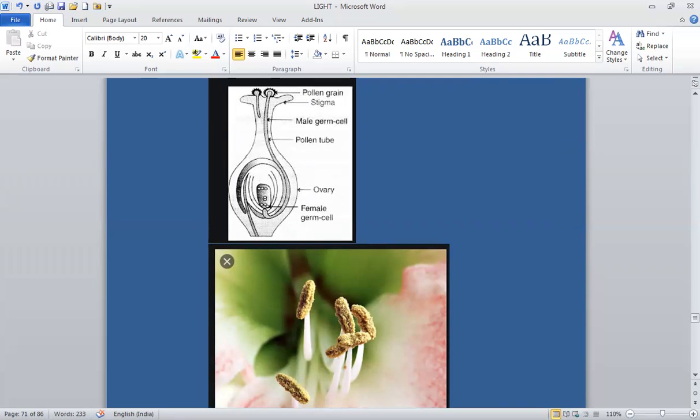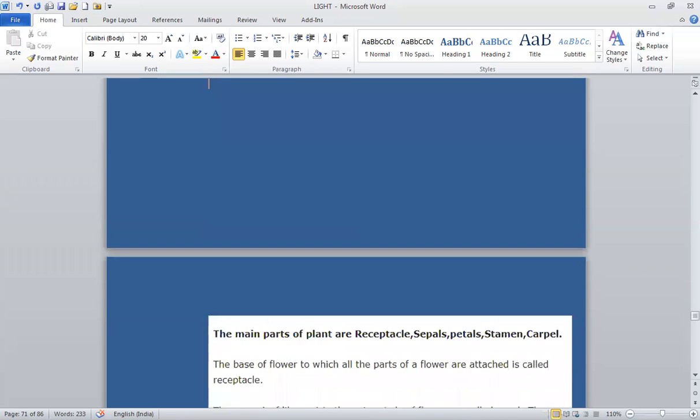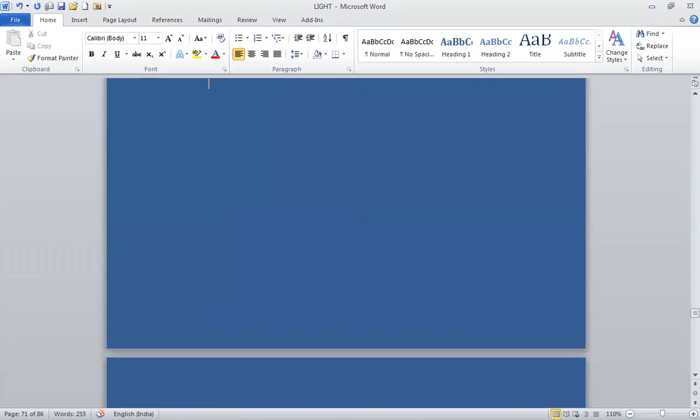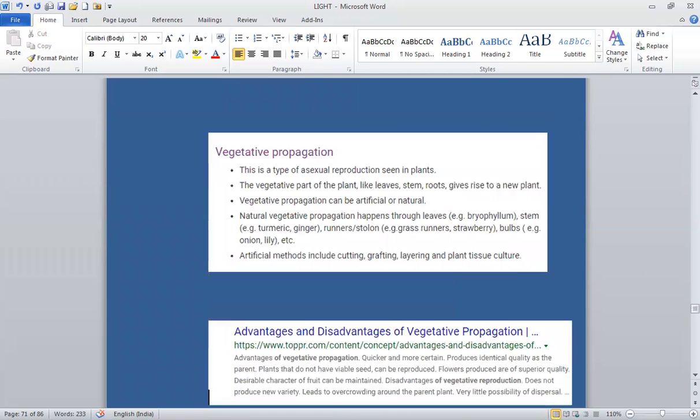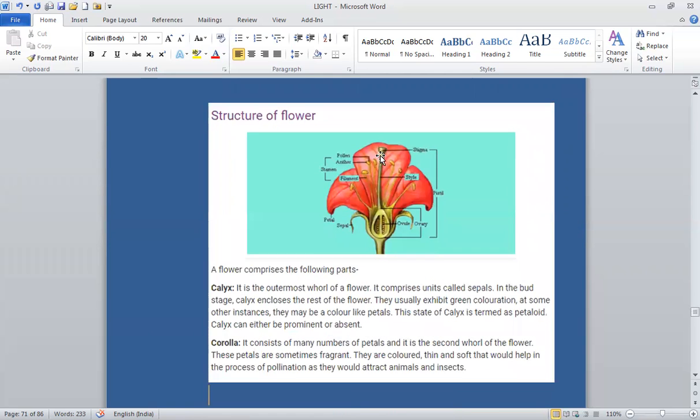They are centrally placed inside the flower. See, in this flower also. This is the centrally placed female reproductive organ of the flower.